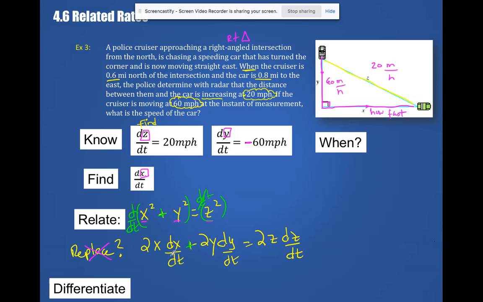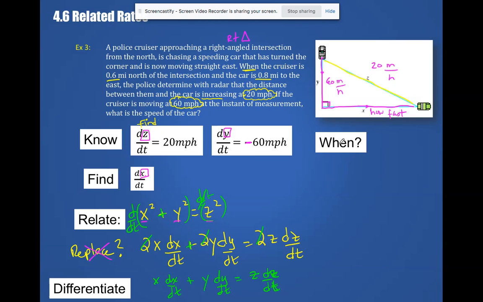And notice I got 3 rates out, which is okay because I was given 2 and trying to find 1. Before I do any substituting, that's a z, and that's a t.